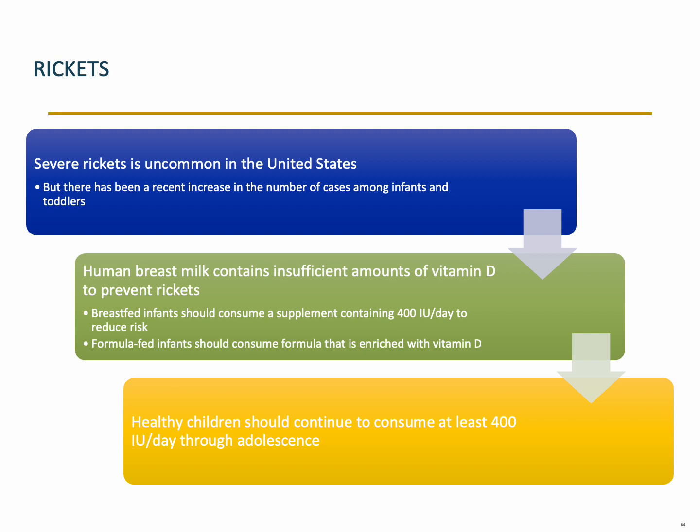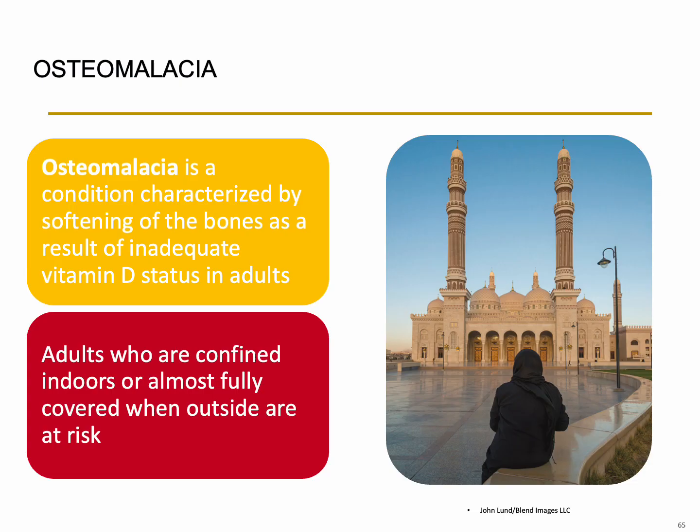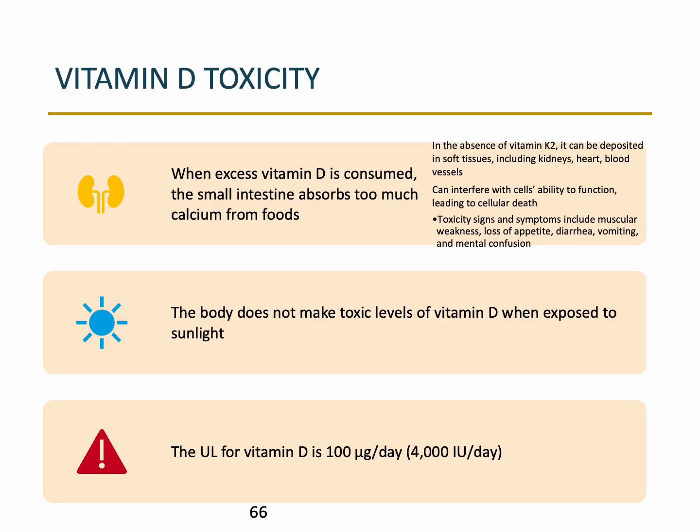We mentioned a few of these issues before, but rickets is the deficiency disease in children for vitamin D deficiency, and in adults, same thing, but it's called osteomalacia, which means soft bones. Now, since vitamin D is a fat-soluble vitamin, we do store it for a long time, meaning especially with supplementation, there are risks of toxicity.